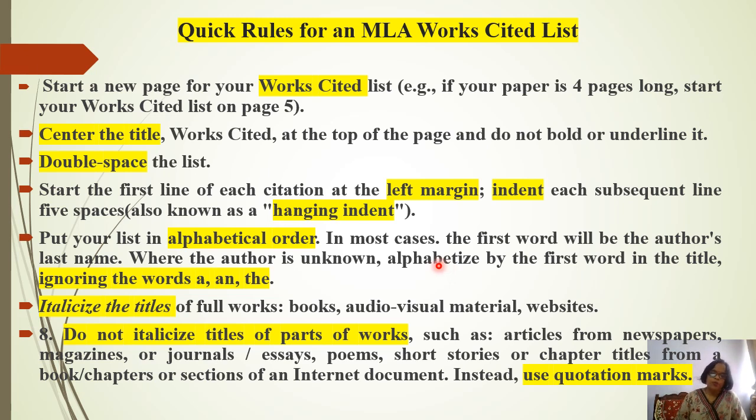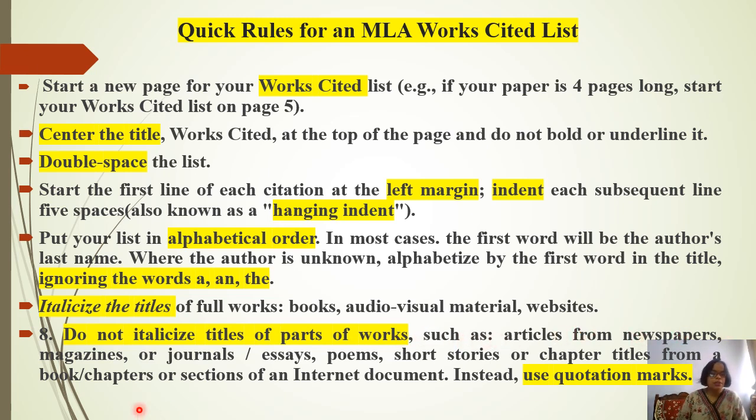Then full works are going to be italicized, whether they are books, audiovisual material or websites. Then do not italicize titles of parts of works. If a quotation is taken from a part of a work, we are not going to italicize it.